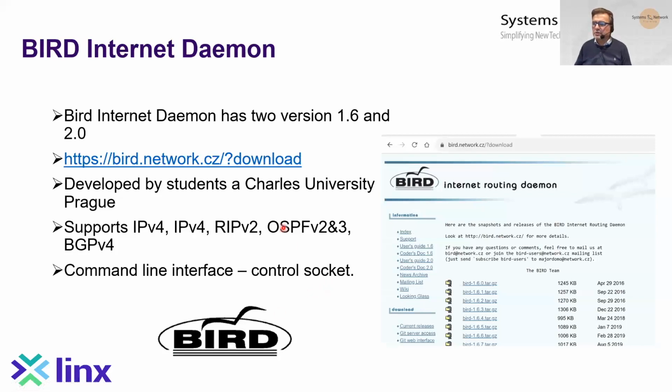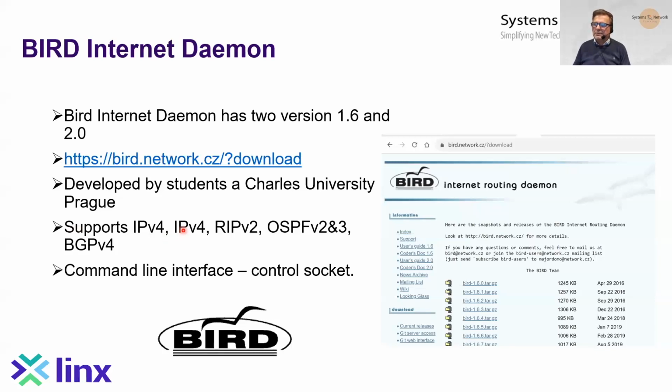It was originally, back in the day, a university project from a student at Charles University in Prague. It supports both IP version 4 and IP version 6. My demonstration is just trying to keep things simple, so I've just chosen one of those, IP version 4 in this case.